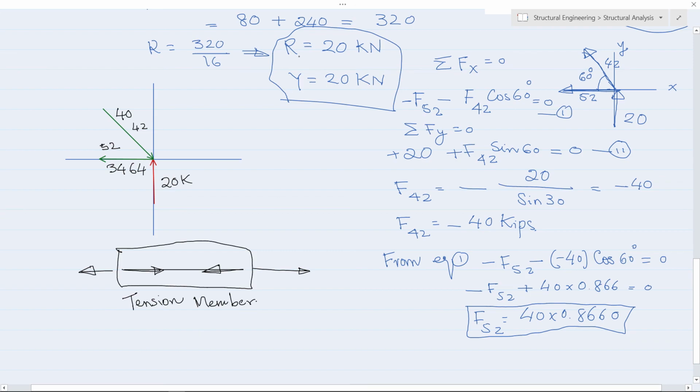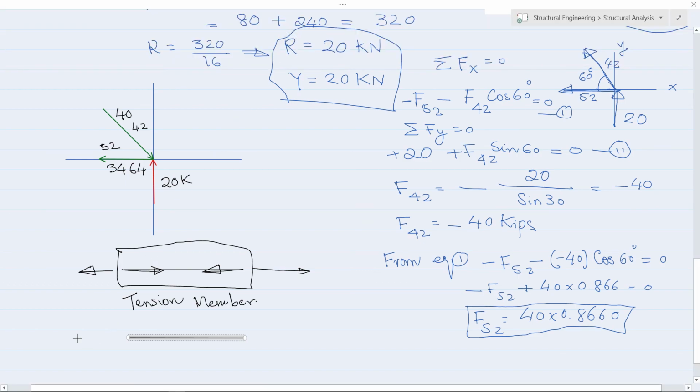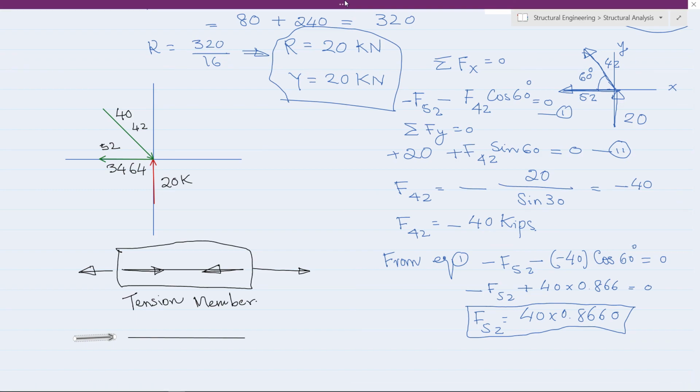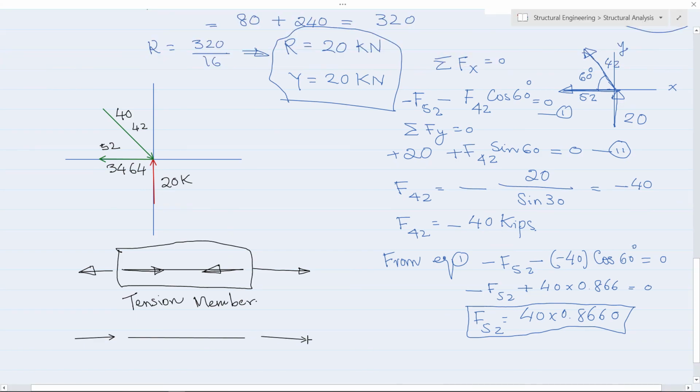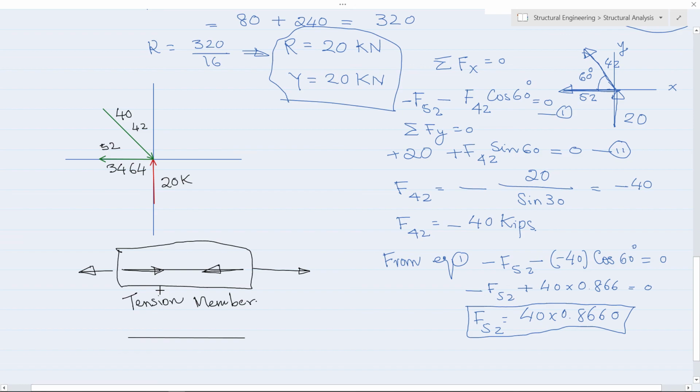And the converse: if a member is like this and the external forces are acting on it like this, there will be an internal reaction developed, and it will be like this.